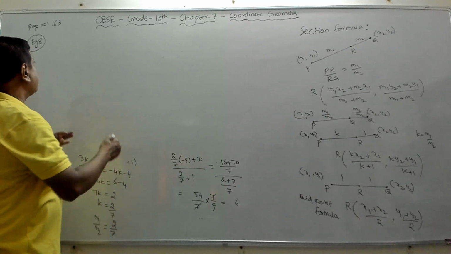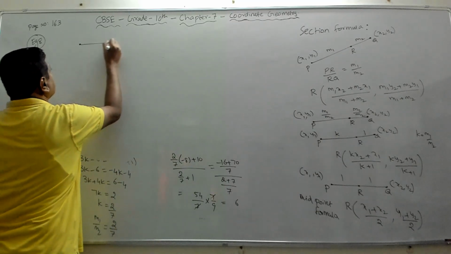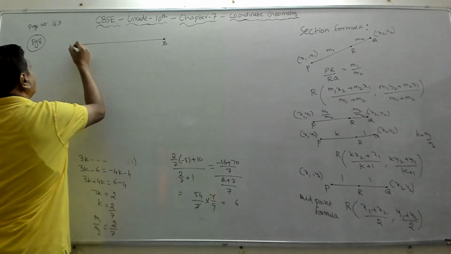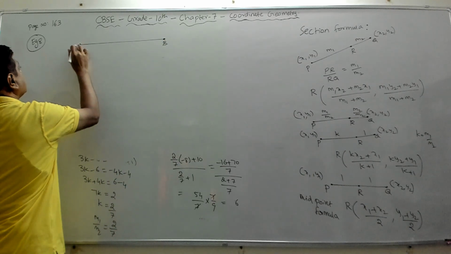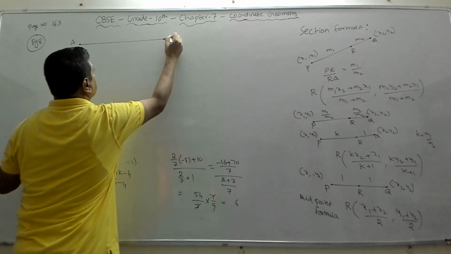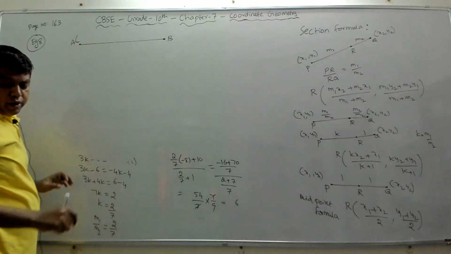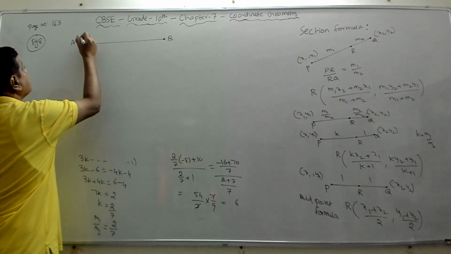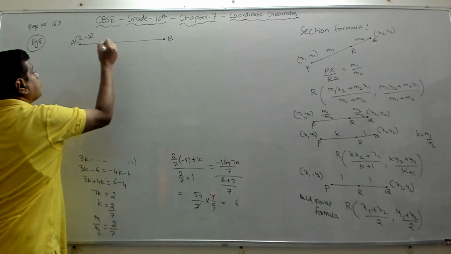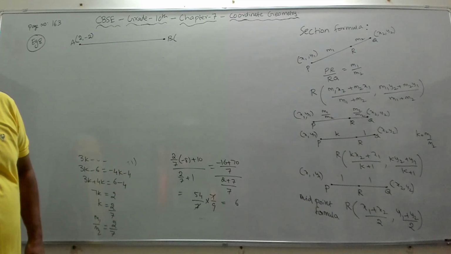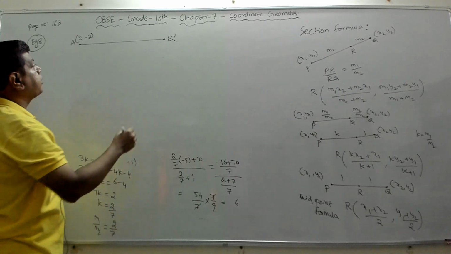So what the question says is there is a line segment joining the points A and B, and A coordinate is 2, minus 2, and the coordinate of B is minus 7, 4.